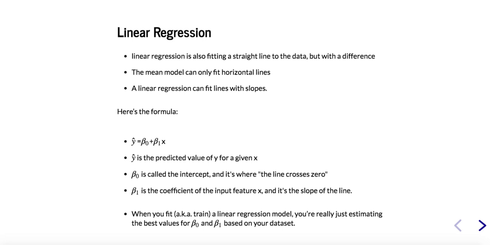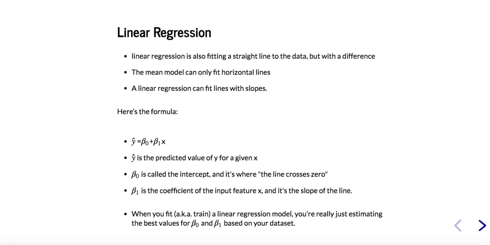To achieve a linear regression model, we have to make our equation a little bit more complex. The equation that we will use is y hat is equal to beta 0 plus beta 1 x. Like in our schools, we always used to study y equal to mx plus c. That is the equation of a slanted line. So here, what is y hat?